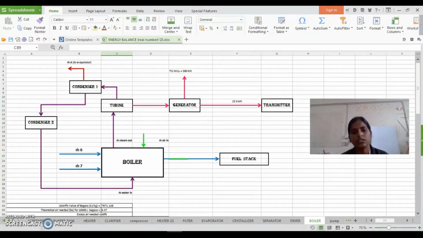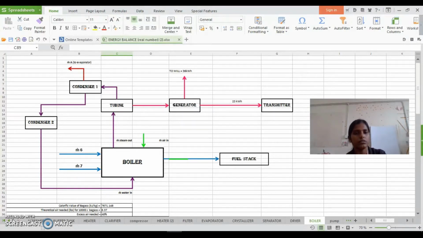In the boiler, the amount of water and amount of air is calculated based on the literature review, which is 1 ton of bagasse equals 2.5 ton of steam produced. And this steam is sent into turbine, steam turbine.